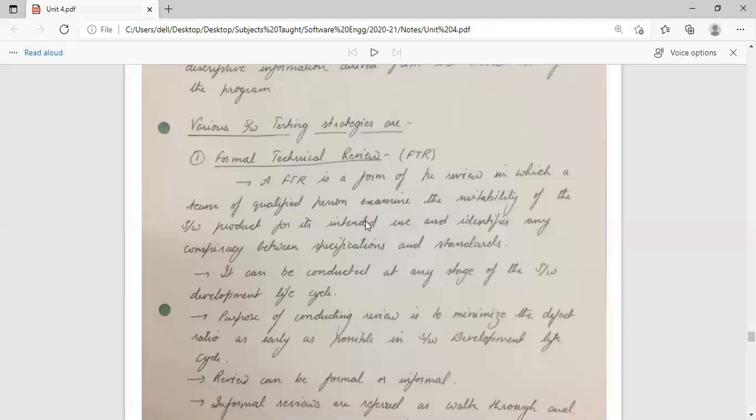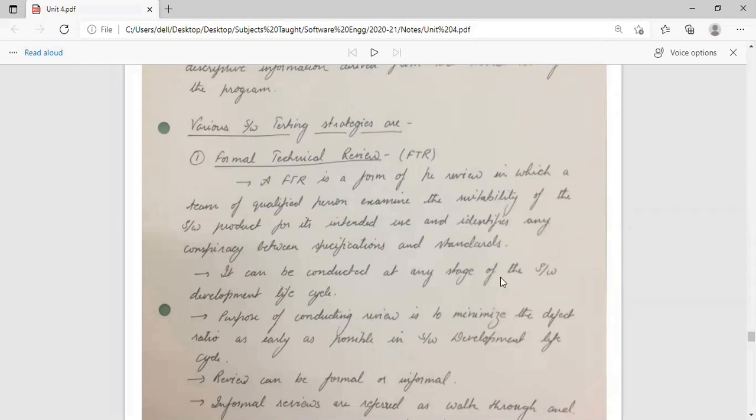That means the team has qualified persons who can examine the suitability of the product that we have built, right? Their intention is to find out whether all these specifications and standards are being met or not in the application.